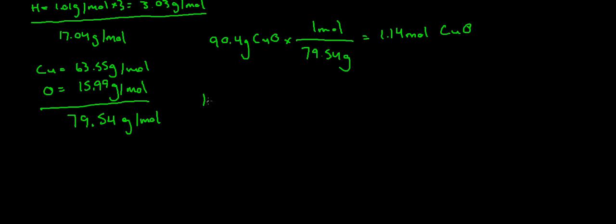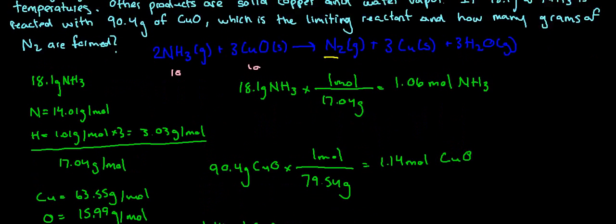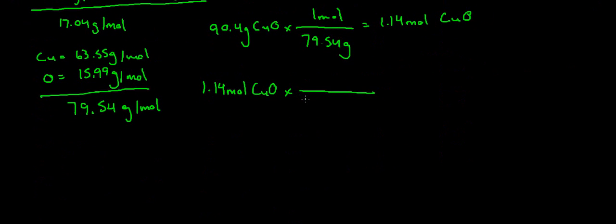So I have 1.14 moles of copper oxide. And it takes 3 moles of copper oxide to react with 2 moles of NH3. So what this is going to tell me is how much NH3 is going to be needed to react all of this, to make this completely gone.